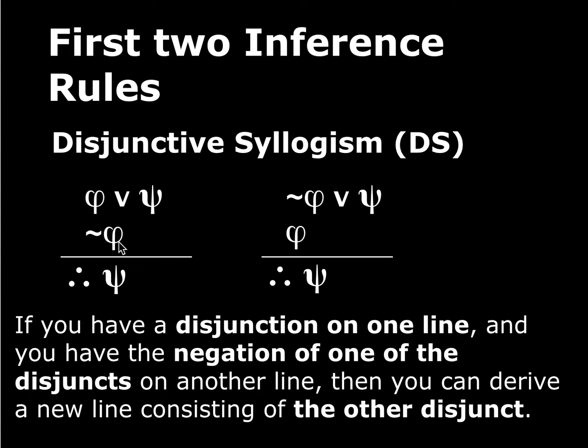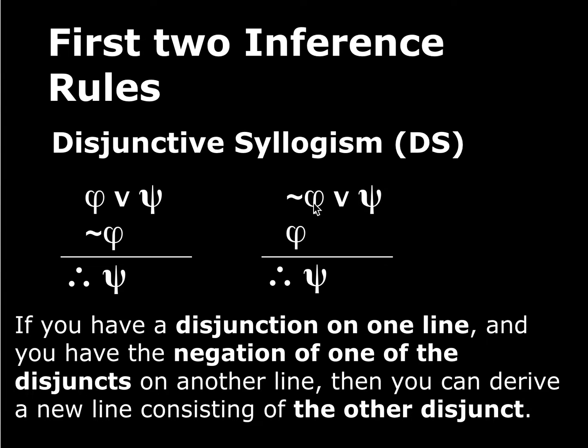In the visual schematic, that was represented by having a tilde here but not here. But the important thing is that you can also have the negation of a statement if you have one less tilde. So phi is the negation of not phi. So this would also be a perfectly fine visual representation of disjunctive syllogism.